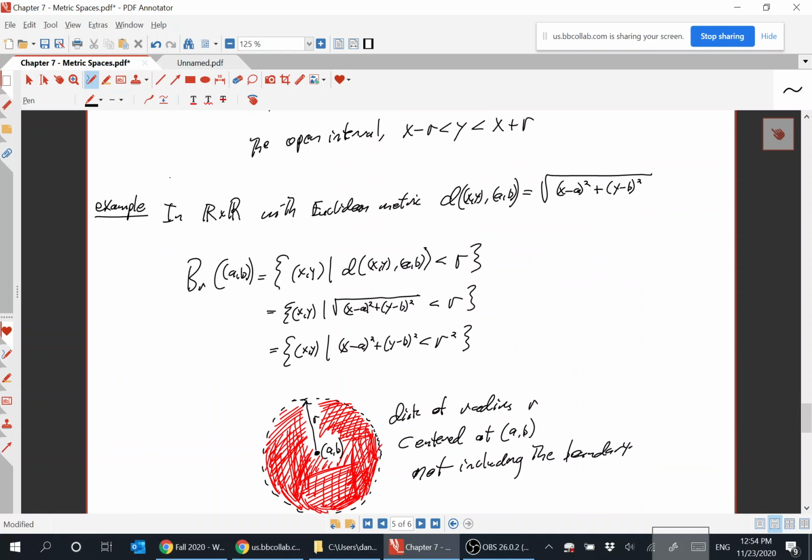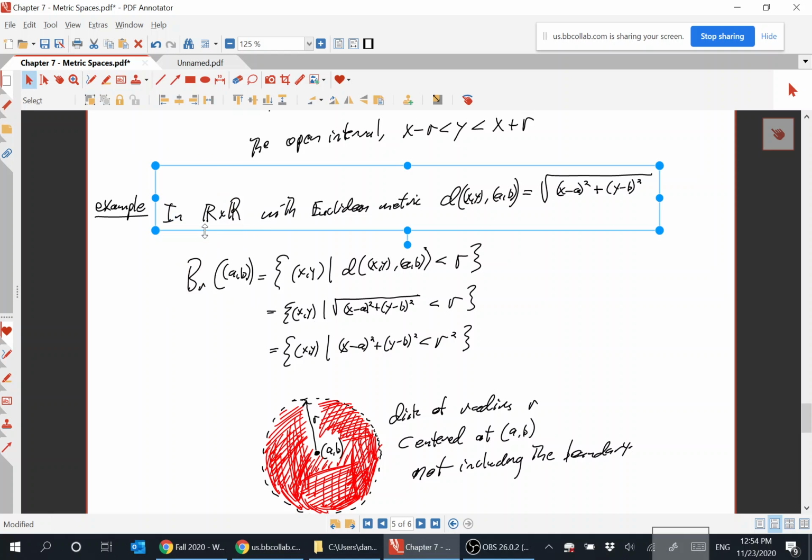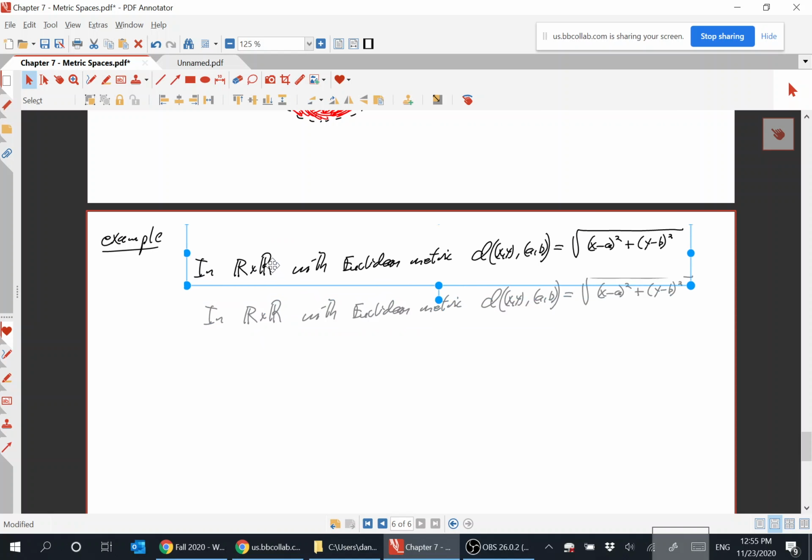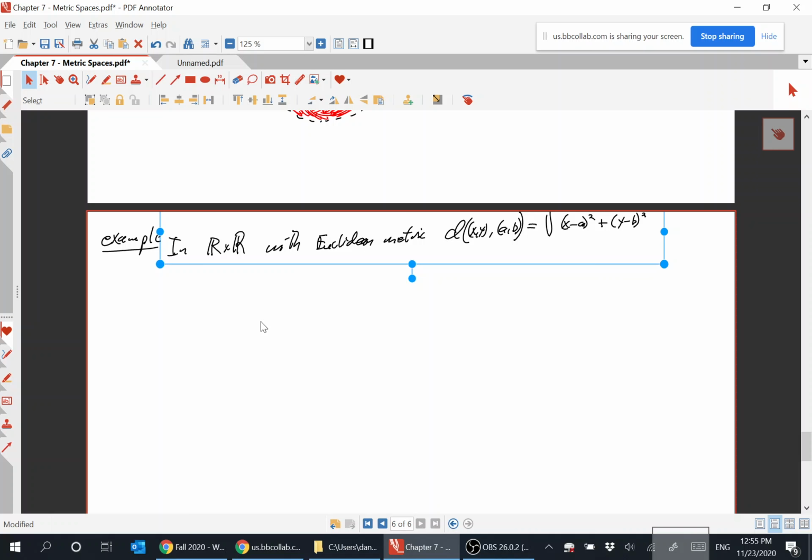In R cross R with the taxicab metric. Whoops.